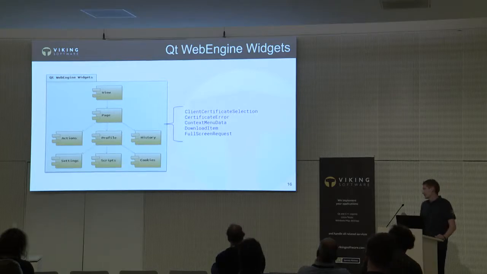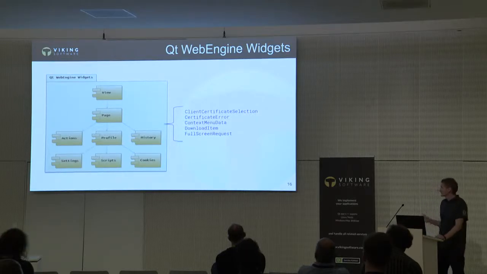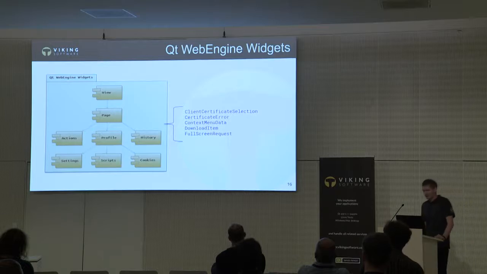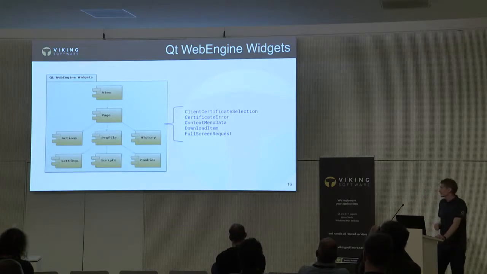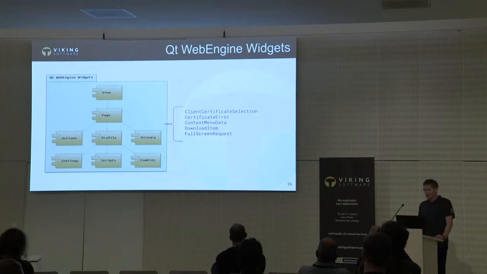WebEngine widgets, that C++ submodule, is almost completely present here. Each node on the diagram is a class or a couple of classes, and the things not present on the diagram are just helper tools to be used with API provided by the core module.